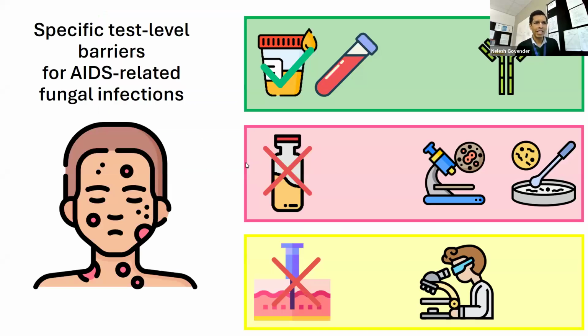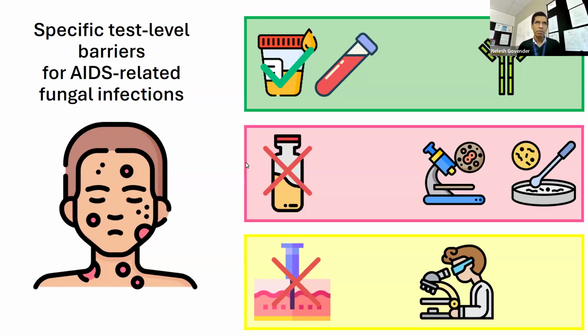I just wanted to mention a little bit about some of the test level barriers for emergomycosis and histoplasmosis. So in many places in the world, particularly in resource-limited settings, the gold standard diagnostics are not widely available. And the gold standard diagnostics, of course, are microscopy and culture from blood, bone marrow, and skin tissue, and also then the histological examination of that tissue. And so rapid antigen testing on urine and serum is much more feasible.